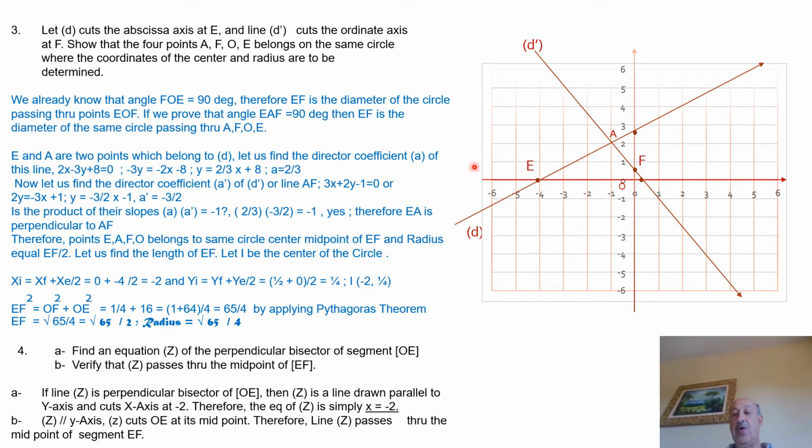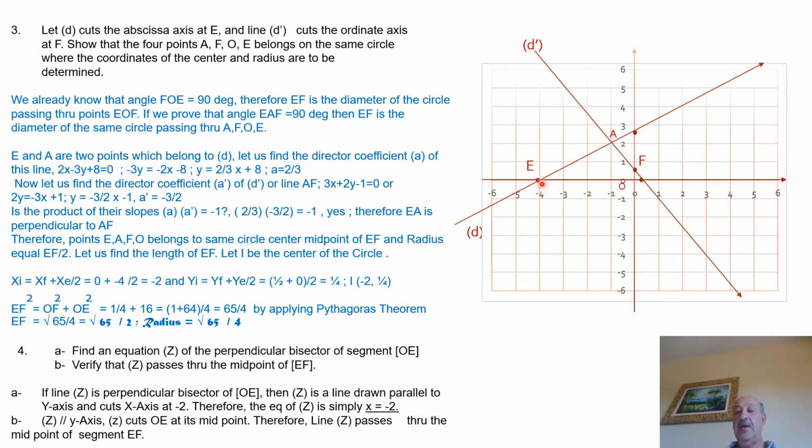Good. We already know that angle EOF is equal to 90 degrees. It is the intersection of the x-axis and y-axis, so it's the orthonormal system angle. Therefore, if we pass a circle through E, F and O, the diameter of this circle should be EF.